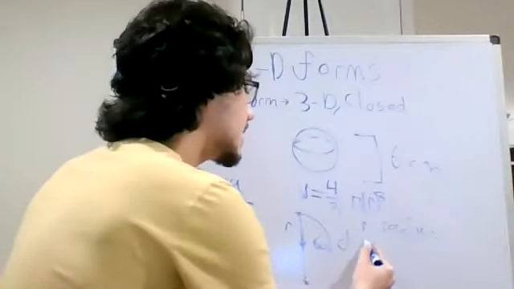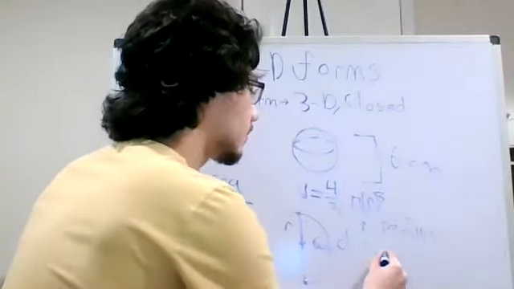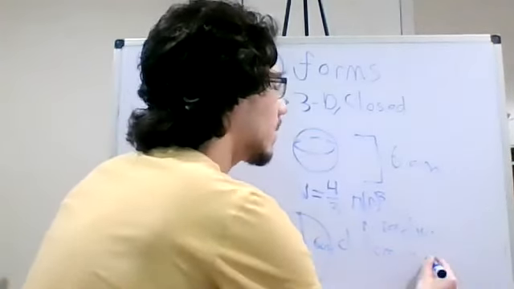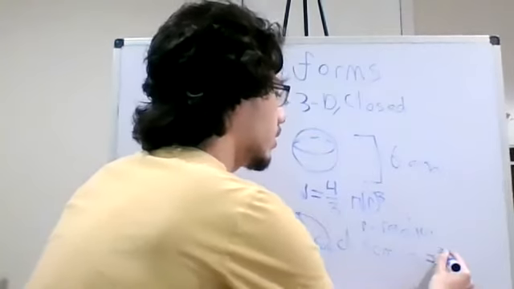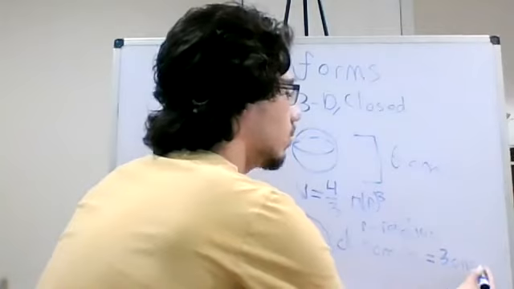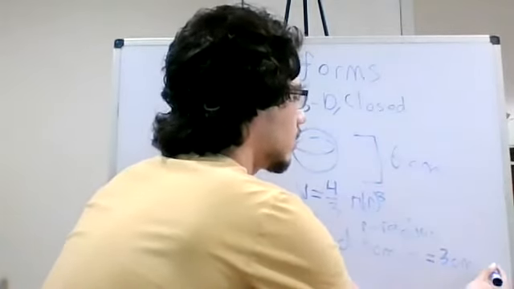So we can take 6 centimeters and halve it to find our radius of 3 centimeters, which is equal to the radius.